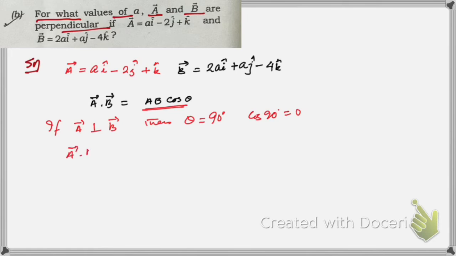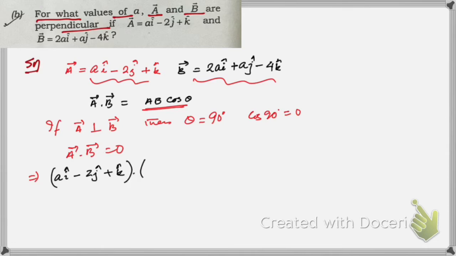So a dot b will be equal to 0, which means the dot product of these two should be taken here, right? So we take a i cap minus 2 j cap plus k cap dot twice a i cap plus a j cap minus 4 k cap is equal to 0.